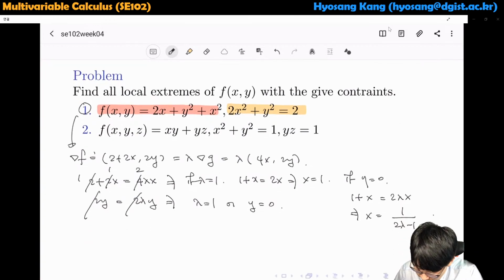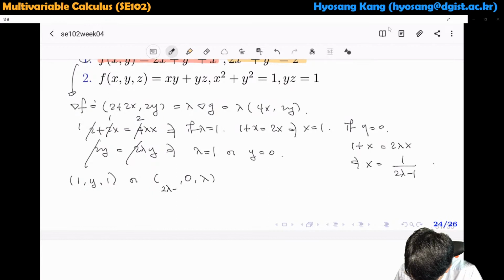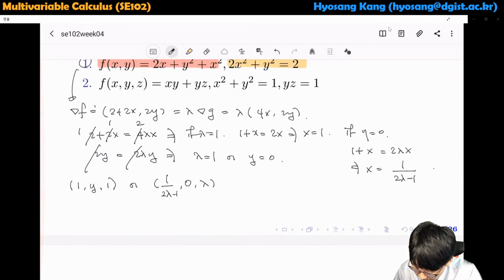So let's summarize. We have a possibility that x is 1 and y could be anything, I don't know what y is yet, but lambda is 1. Or if y is 0, I don't know what lambda could be, but x is 1 over 2 lambda minus 1. That's the second possibility. So let's plug these two possible points into the constraint.